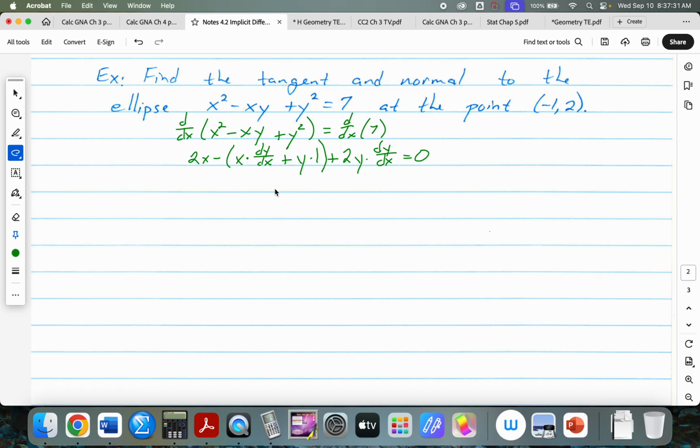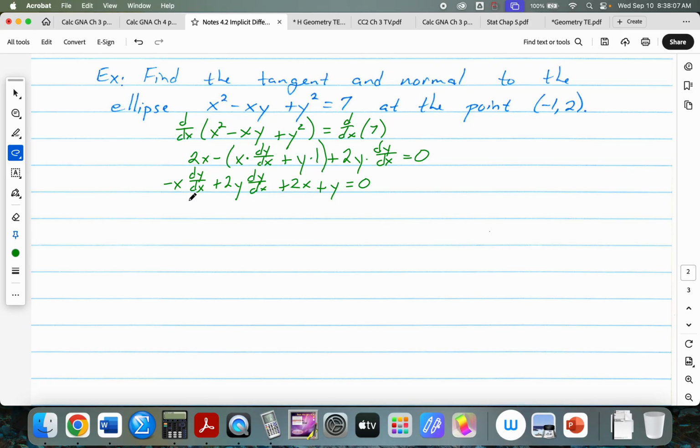So now I need to isolate dy dx so that I can solve for its value. So let's see, I'm going to have a negative x dy dx and a positive 2y dy dx plus 2x plus y is equal to 0. I'm going to do two steps at once here.